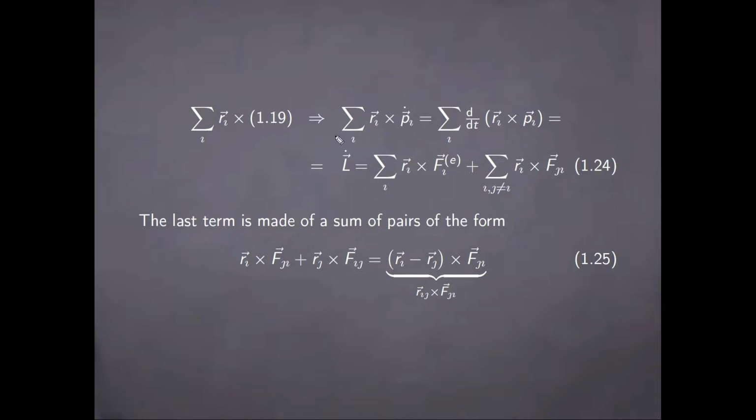On the right hand side we will obtain a familiar result, namely this cross product is simply the time derivative of the angular momentum of particle I. And we already know this because, as we have seen previously, if we take the time derivative here, this becomes the velocity of particle I, and this vector will be parallel with the particle's linear momentum. And as such, this term of the cross product vanishes.